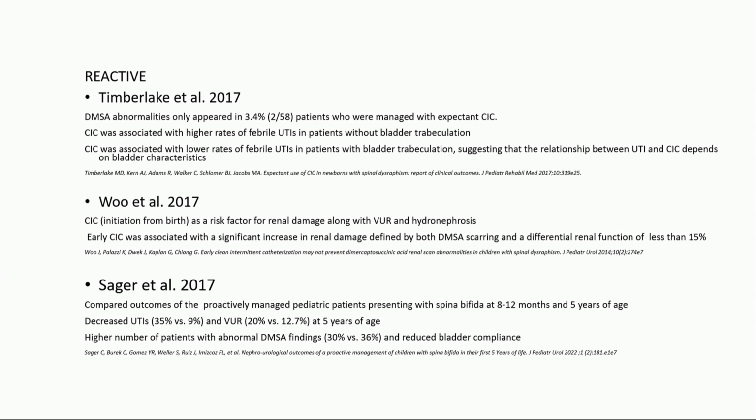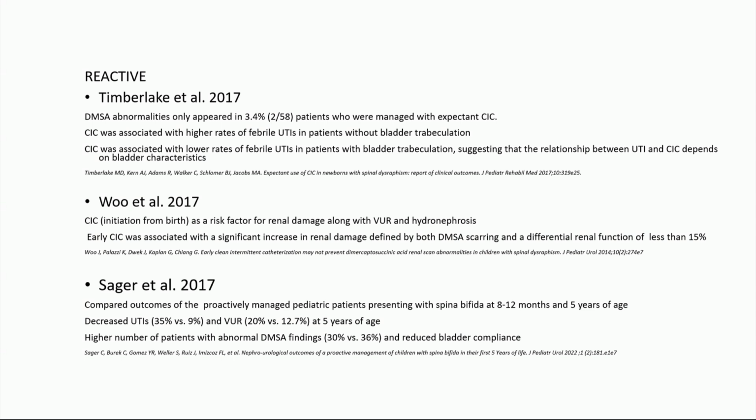He also found an association between CIC, the bladder dynamics and febrile UTIs. He found that CIC was associated with increased rates of febrile UTIs in patients without trabeculations. If, however, the bladder was trabeculated, CIC decreased the chances of febrile UTIs, thus suggesting there's a relationship between UTI and CIC. It depends upon the bladder characteristics.